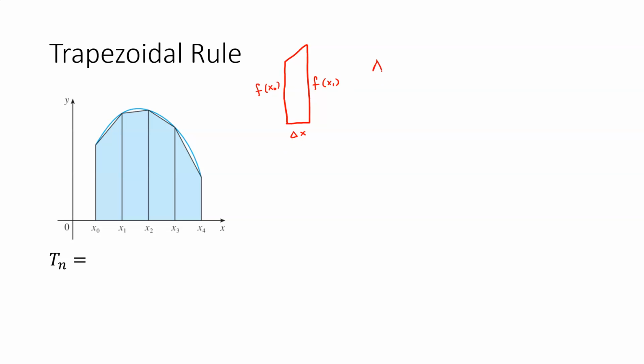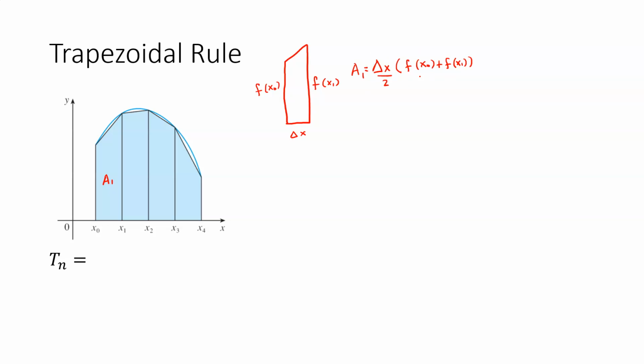So the area of this, we'll call it the ith, or actually this would be the first one, right? So the area of this first trapezoid would be taking delta x, the width, times the sum of f of x0 and f of x1, the sum of the two bases, and then dividing by 2.